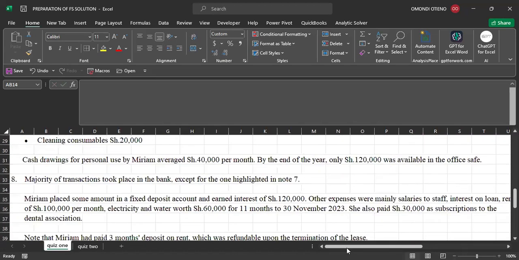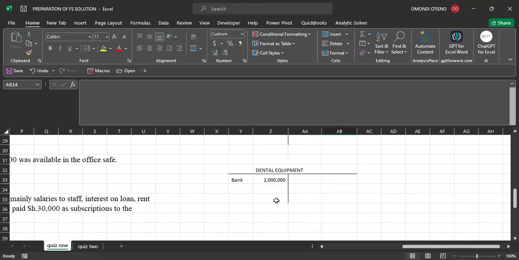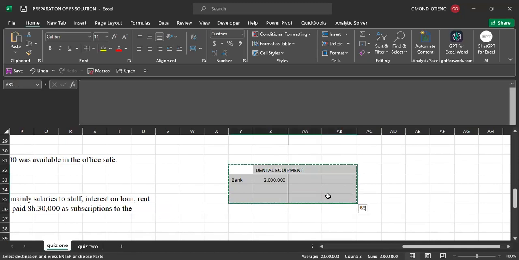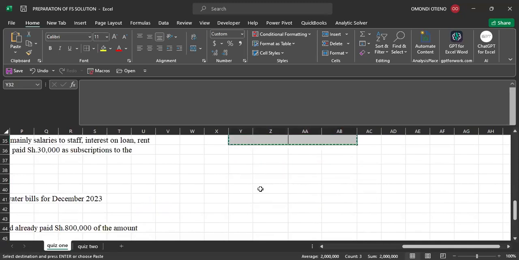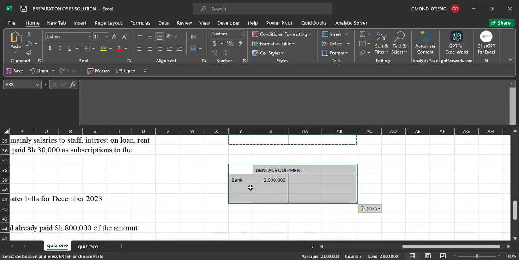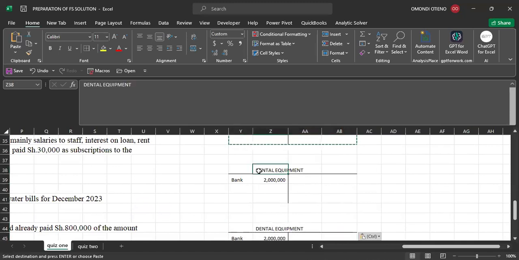So what we need to do is this one here. We need to come up with the depreciation account and of course accumulated depreciation. So let's bring in depreciation. We want to bring it for all the items.